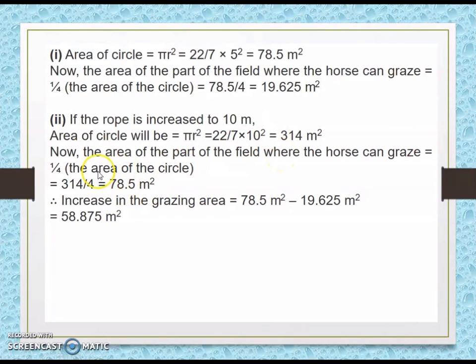That will be this 78.5. Then you have to find increase in the grazing area, that will be the initial minus final. That means this one when it is 10-meter minus this one when it was 5-meter. When you subtract, you will get increase in the grazing area.